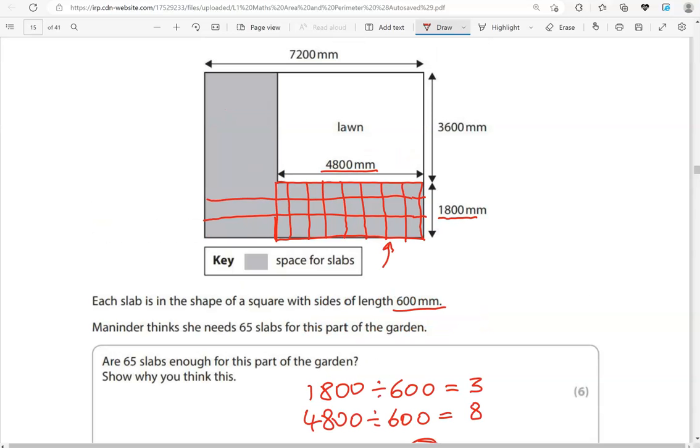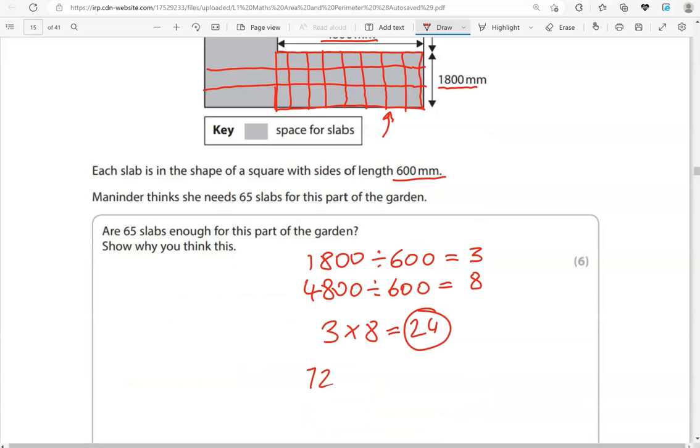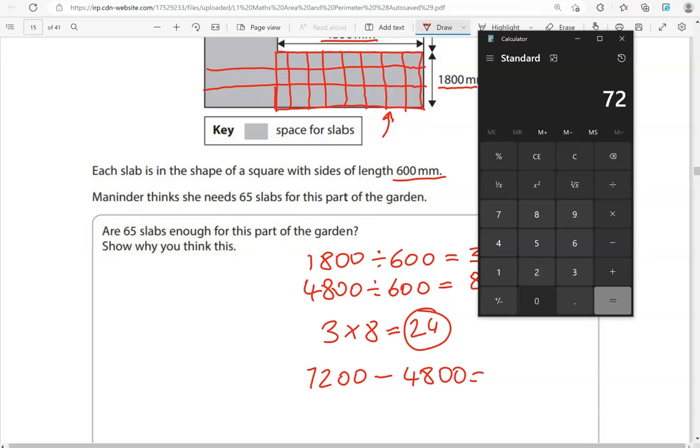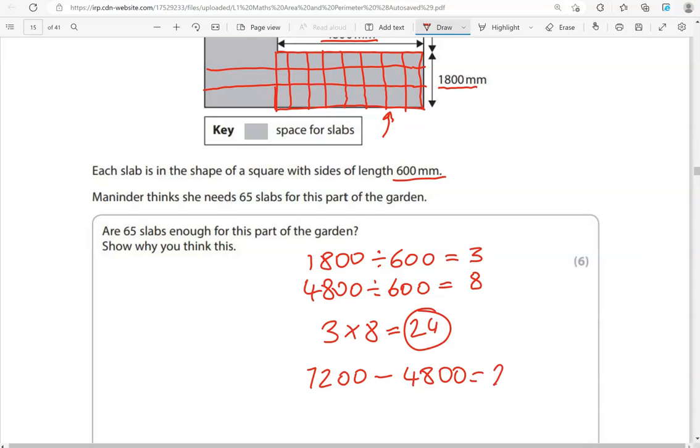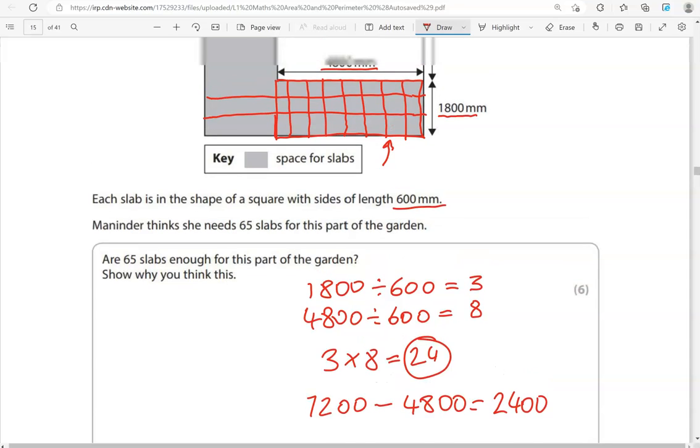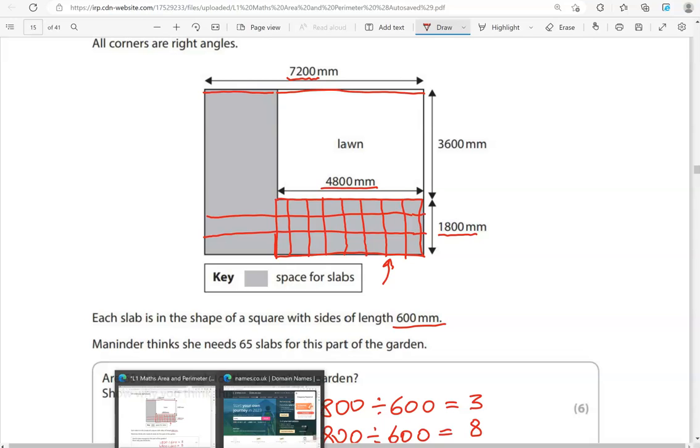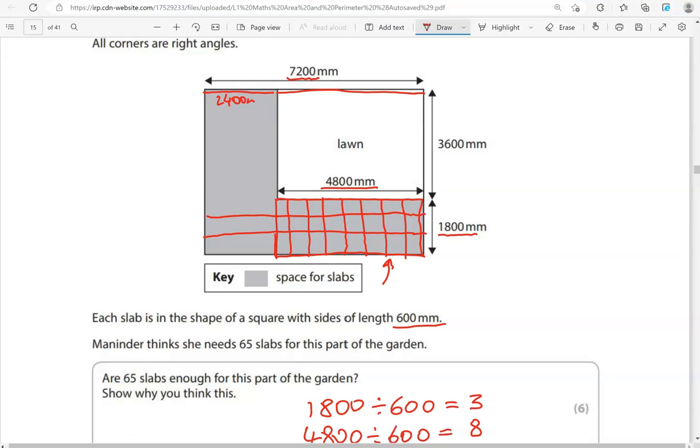Now let's work out for the remainder. So this width here is equal to 7,200 take away 4,800, which is 2,400. So this is 2,400 millimeters.